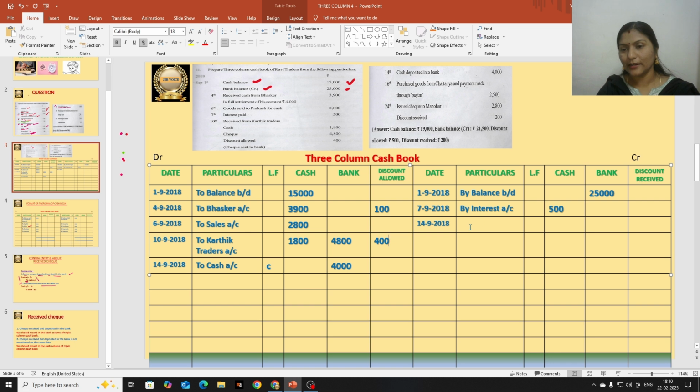To cash we wrote. Credit side we are going to write "By bank account", LF column C. Where we will put the amount? In cash column. If you write bank, put the amount in cash column, in case of contra entries only. So let us write in cash column how much? Same amount, 4,000. Okay, 2 times we recorded.